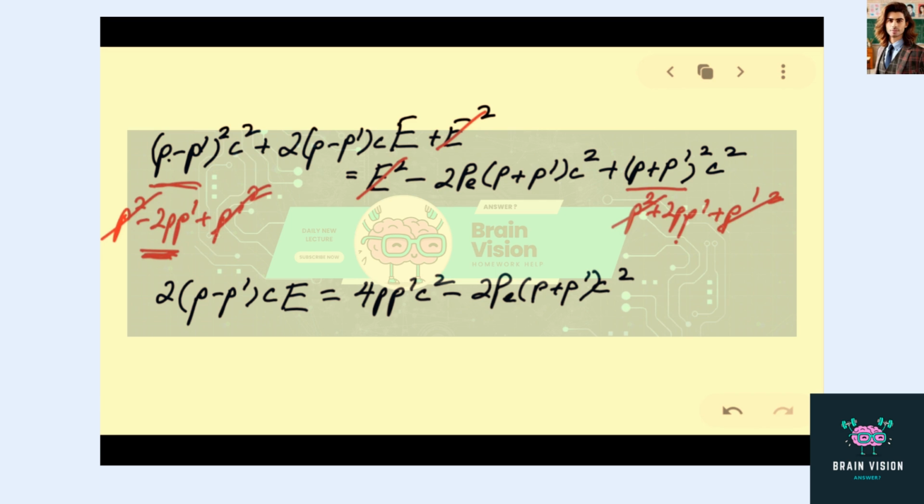And now to really solve for this, we need to bring all the p primes to one side, so only the p prime terms. So we have this negative 2pe p c square, which is going to bring to the left hand side.